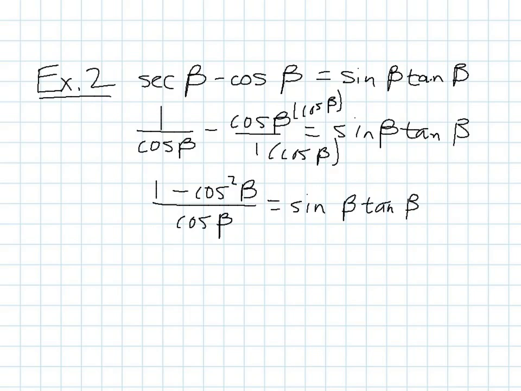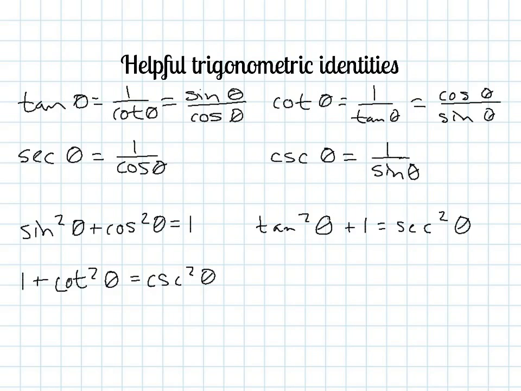Looking at this, maybe it's not super apparent what we need, but let's go back to our trig identities. Notice, sine squared plus cosine squared equals 1. That's usually a key for me: if I see something squared, it leads me back to a Pythagorean identity. I can manipulate these however I want. Let me show you.